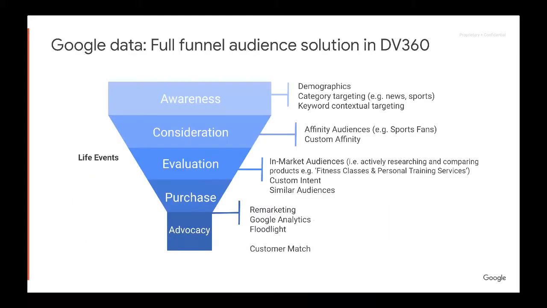So we have all this audience and all this data, and we can utilize it for targeting on DV360. For example, we have demographic targeting, category targeting, keyword targeting, affinity audiences, in-market audiences, customer match, etc. These are all capabilities of DV360.